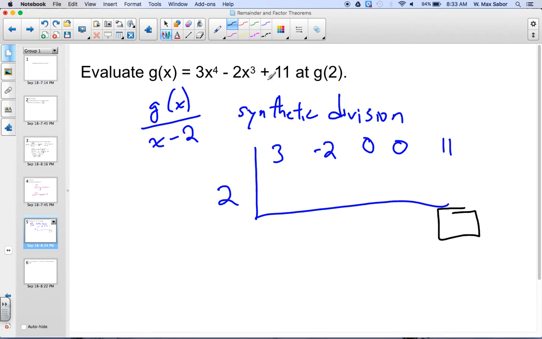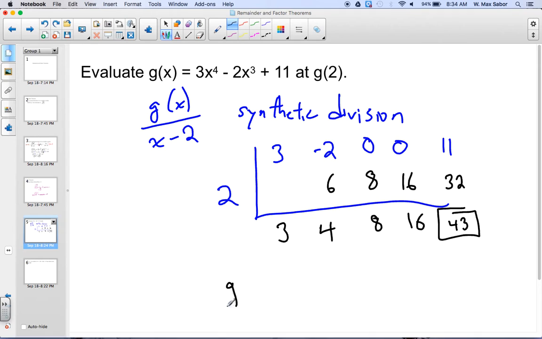And you can check it by plugging in 2. But 3 comes down here. 2 times 3 is 6. These add to 4. 2 times 4 is 8. 0 plus 8 is 8. 2 times 8 is 16. 0 plus 16 is 16. 2 times 16 is 32. And 11 plus 32 is 43.